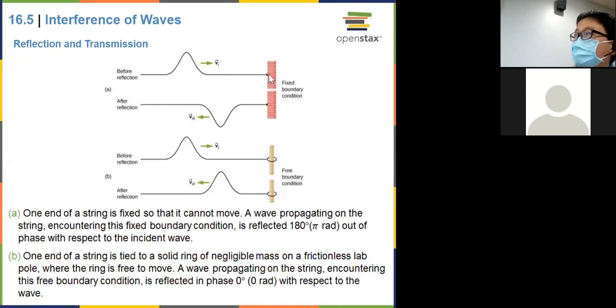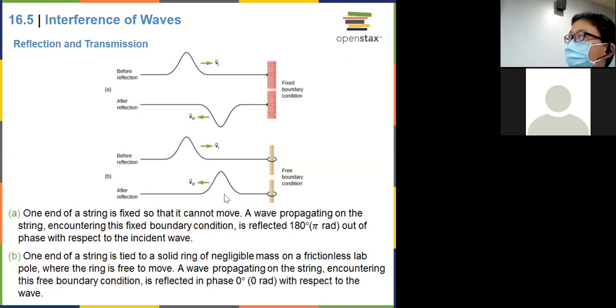On the other hand, if you have a string with a free boundary condition, it's not actually fixed over there, but tied to a rod going through an open circle. If you send a wave here and this side is free to move, then the wave peak will come back as a peak, not a valley.